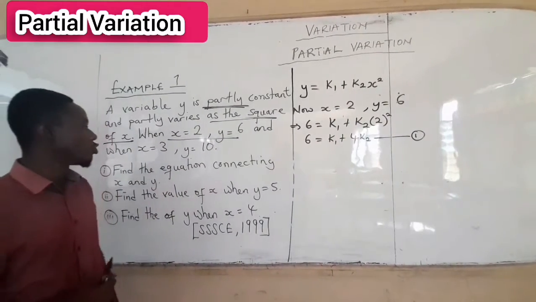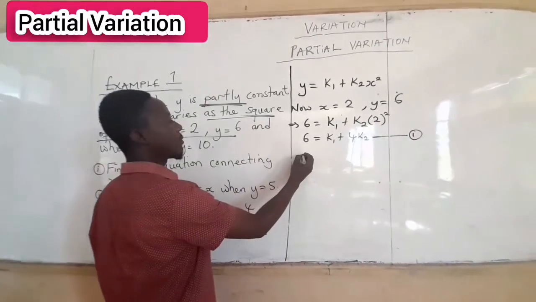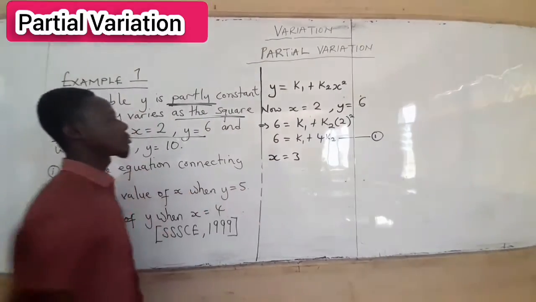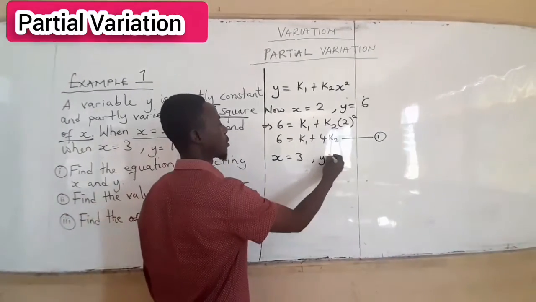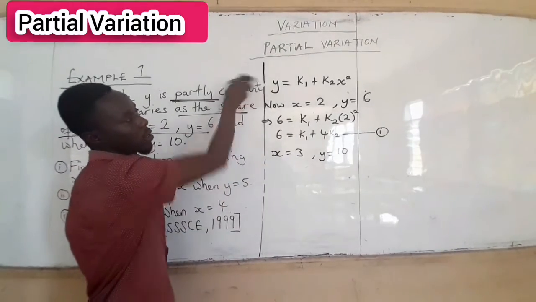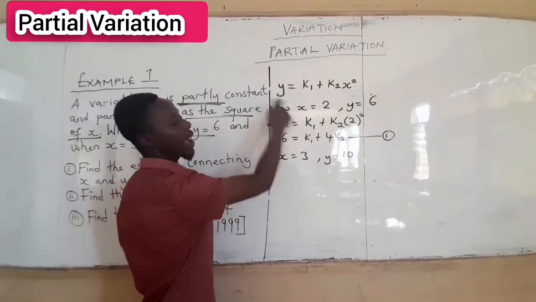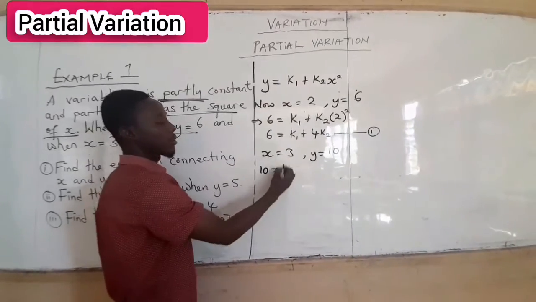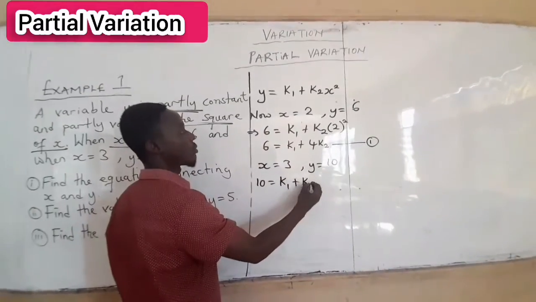Now let's move on to the second x and y. We have x to be 3 and y to be 10. Let's put these into the expression there. This time around our y is 10. So we have 10 equal to k1 plus k2.